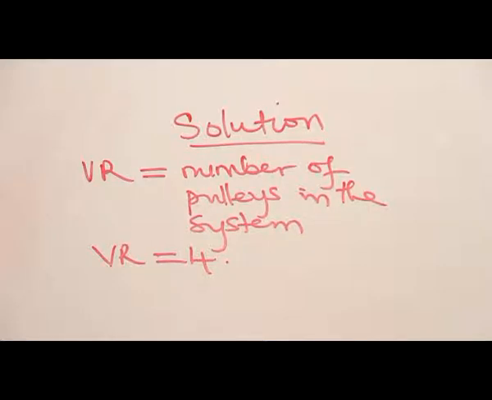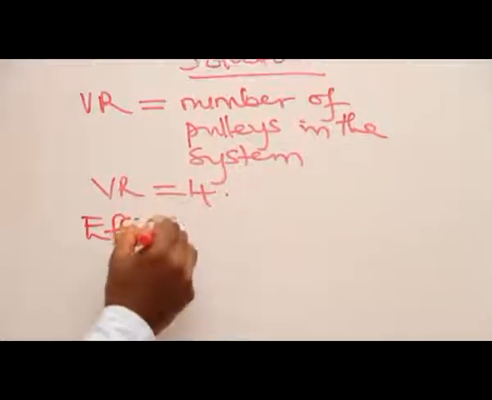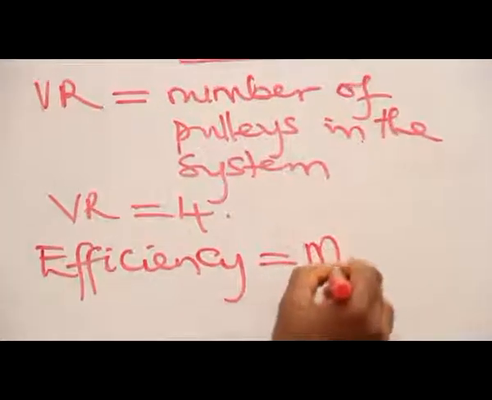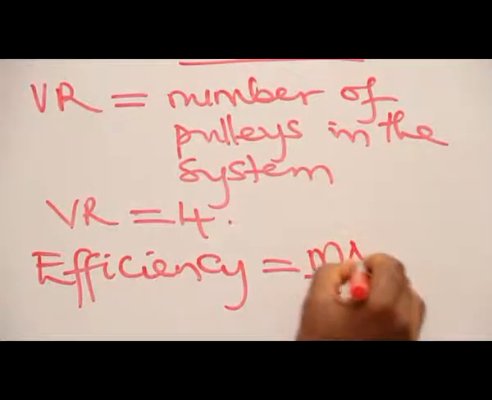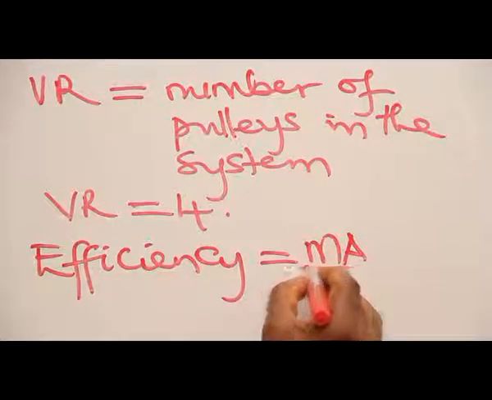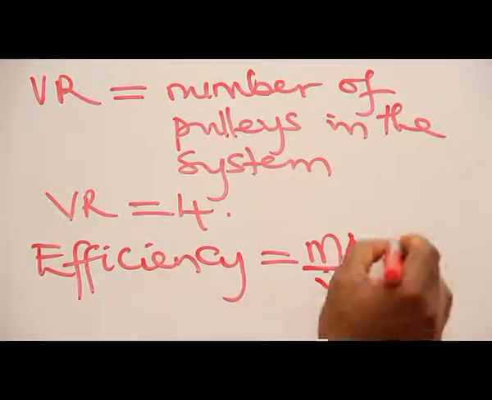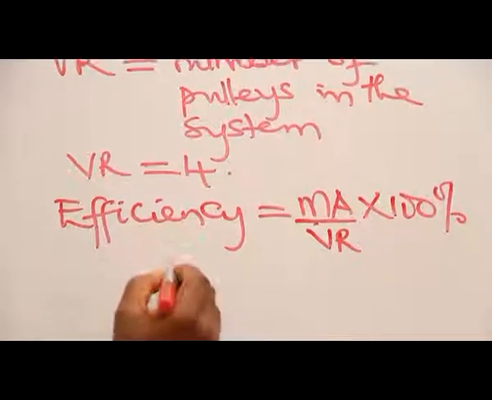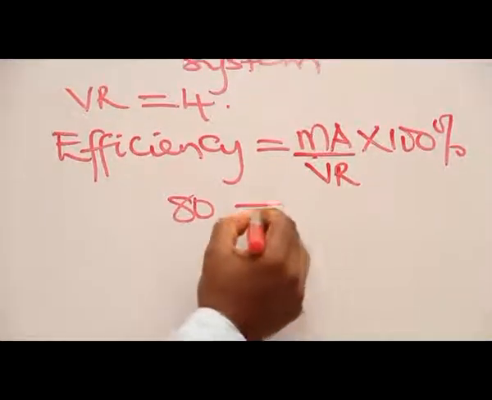Now the relationship between velocity ratio and efficiency is: efficiency is equal to mechanical advantage divided by velocity ratio times 100%. The efficiency is 80.